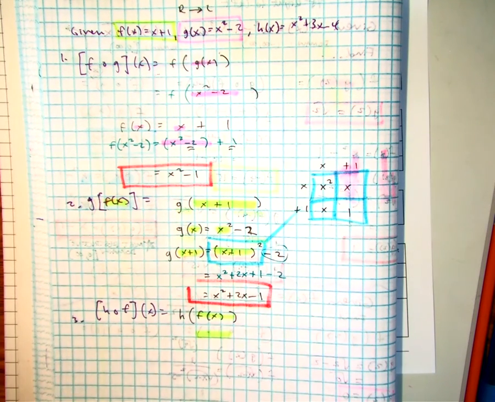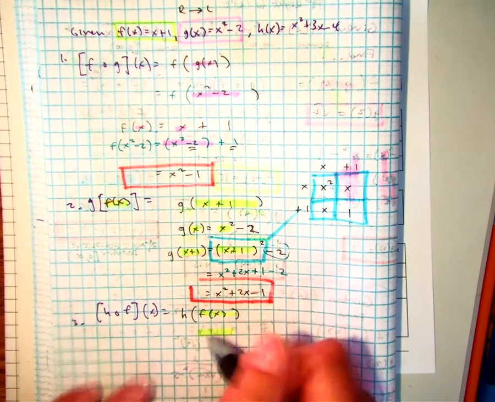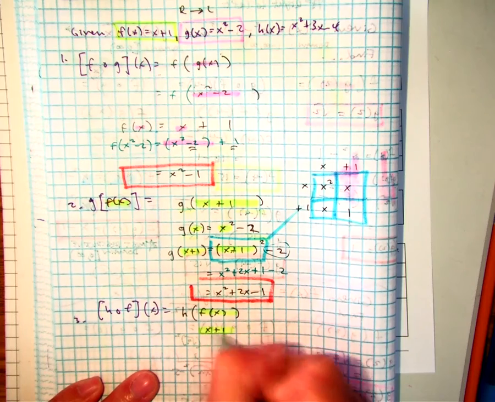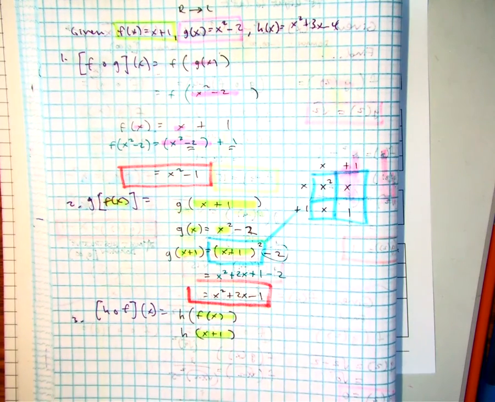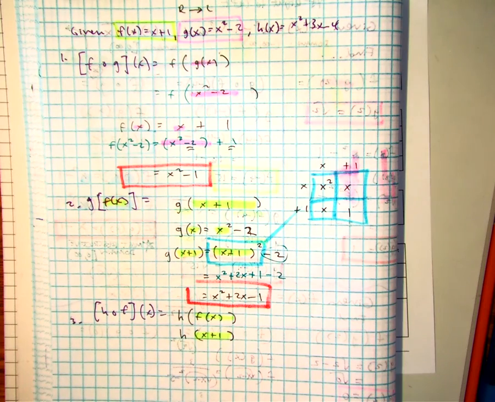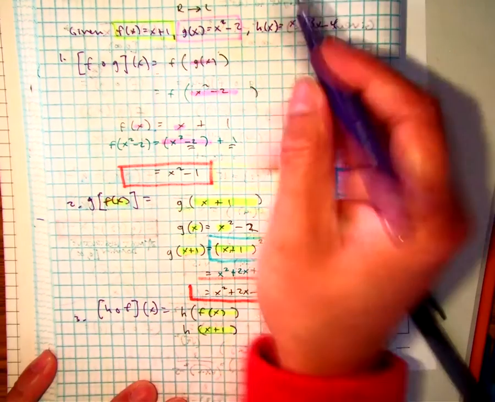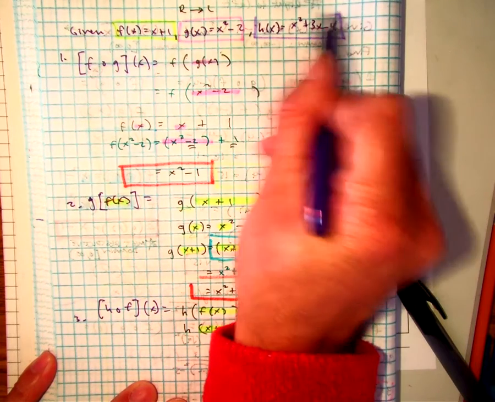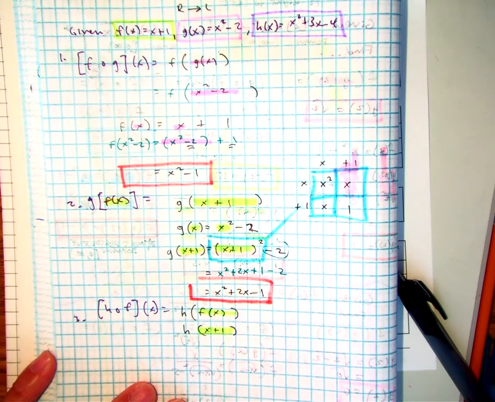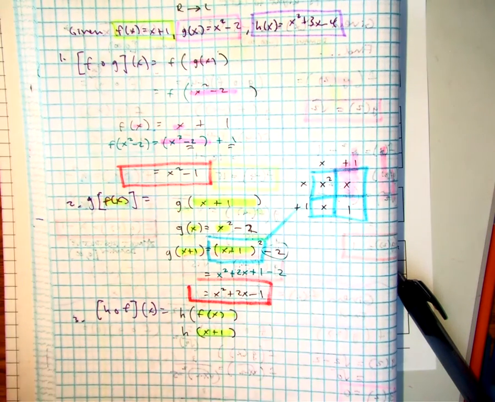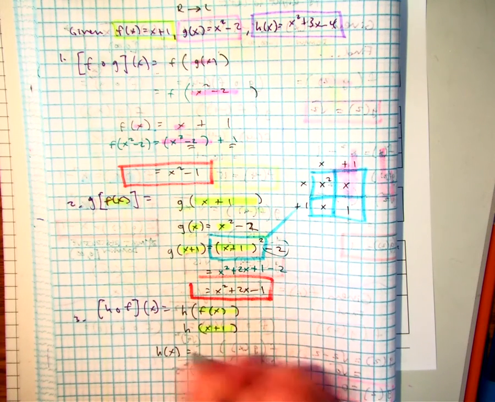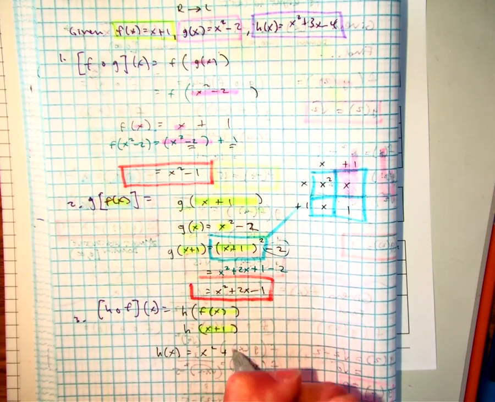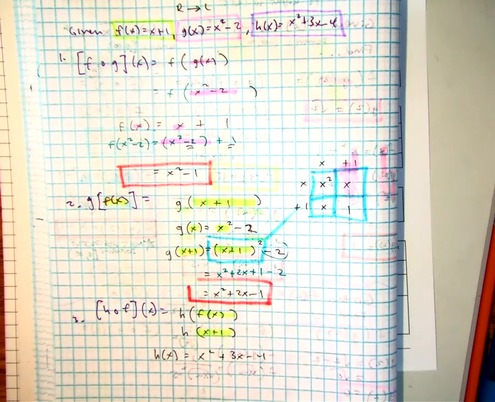So basically, instead of writing x, I'm going to have x plus 1 here for my function h. h is this one up here. So I have h of x equals x squared plus 3x minus 4.